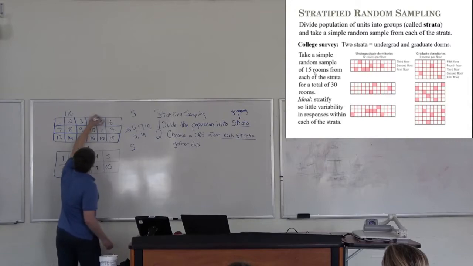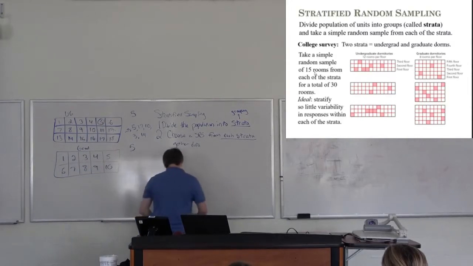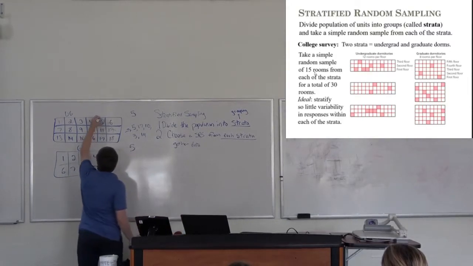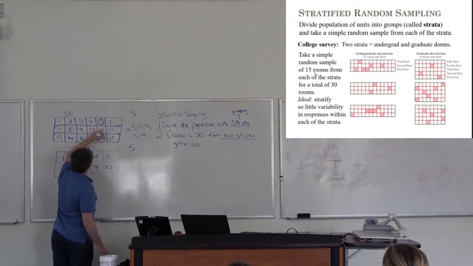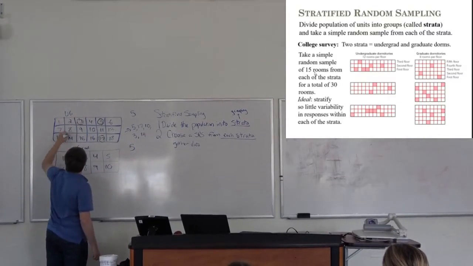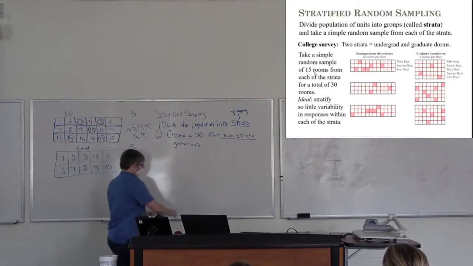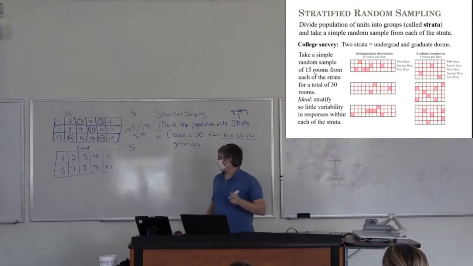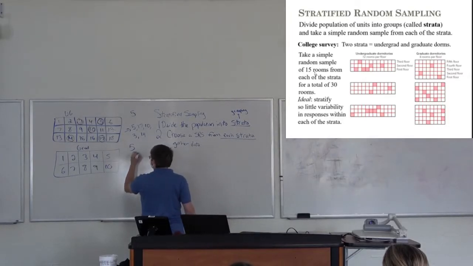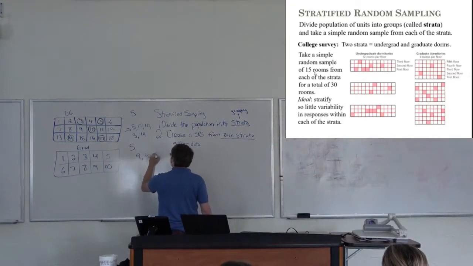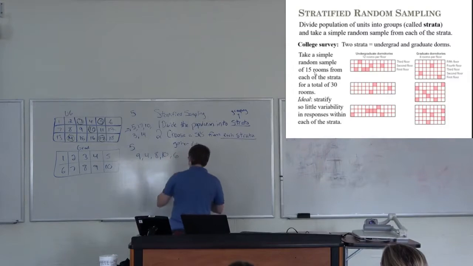So I'm going to circle these, and I'm actually going to use black to do so. So black, 17, 14, and 10. And I do the same type of simple random sample, but for graduates, and suppose I get 9, 4, 8, 10, and 6.